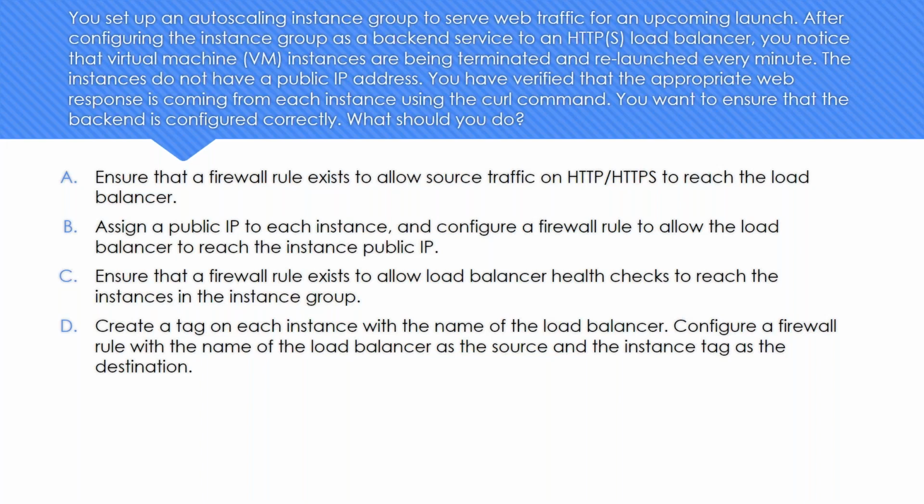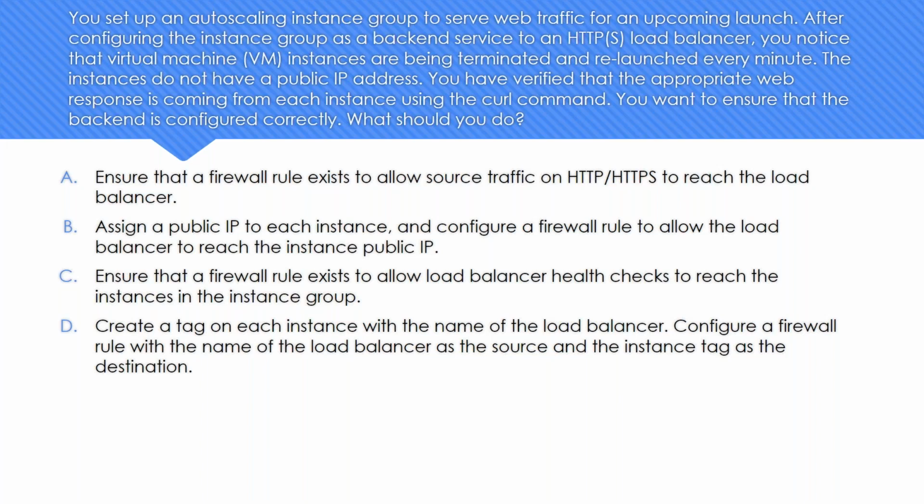So even if you make it a public IP, it's still not going to work, because it's going to get relaunched again. Also, the VM is getting relaunched every 1 minute, so in 1 minute I would have to SSH in and run a curl command. A little tricky, but option B does not work.